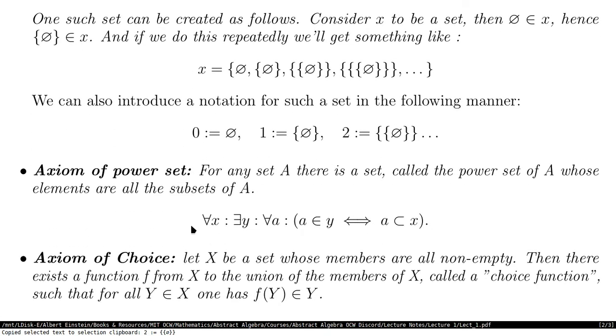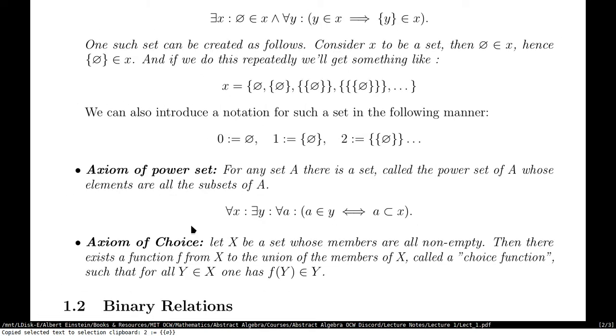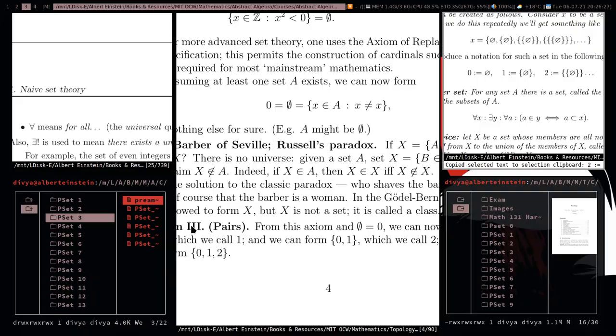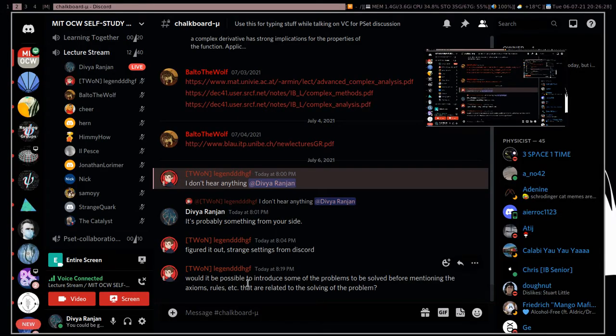Sorry, I think someone just asked a question in the chat. Let me get to it. Would it be possible to introduce some of the problems to be solved before mentioning the axiom rules that are related to solving the problem? I'm not sure, but are you asking for some kind of problems that we should solve using the axioms?